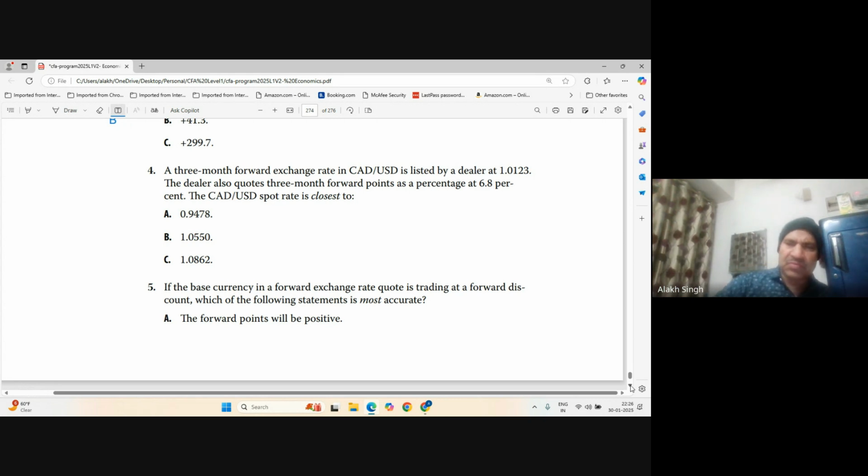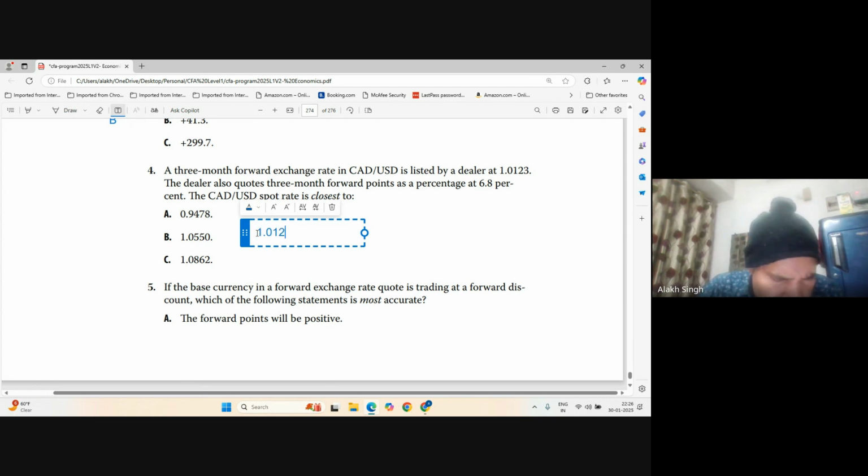So you will add 1.0123 plus 0.068. Since it is a percentage, it is 1.0123 plus 0.068, which is divided by 100.